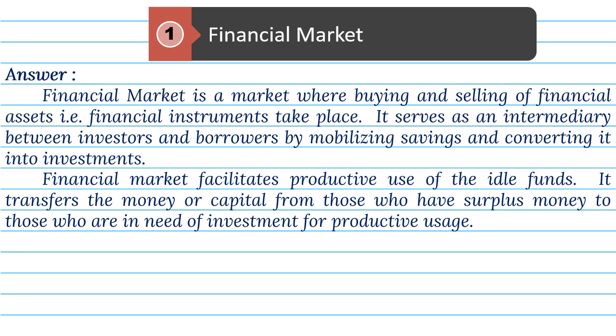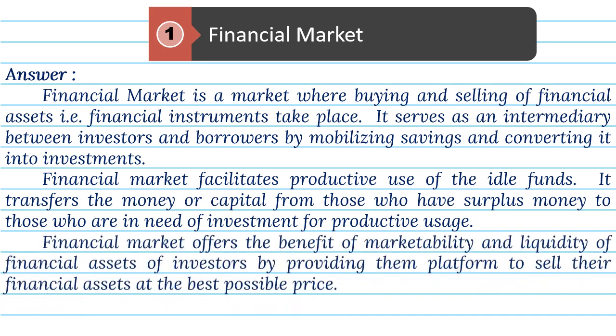It transfers the money or capital from those who have surplus money to those who are in need of investment for productive usage. Financial market offers the benefit of marketability and liquidity of financial assets of investors by providing them a platform to sell their financial assets at the best possible price.